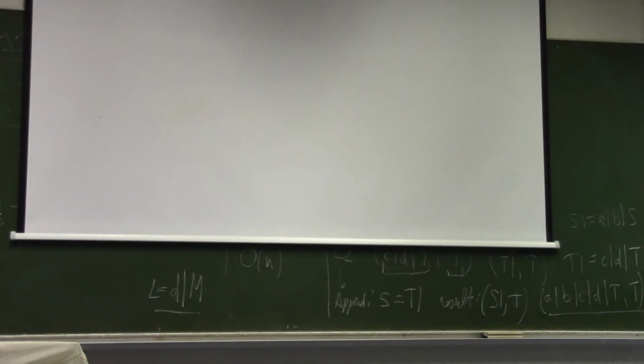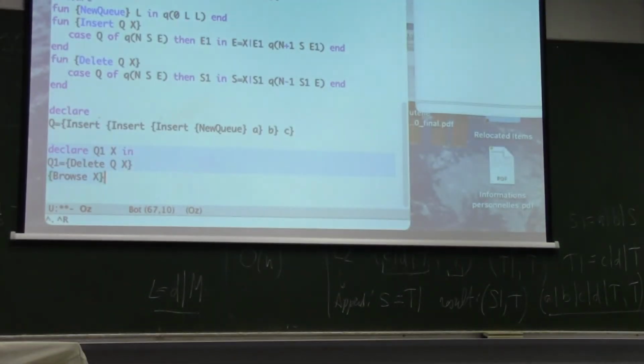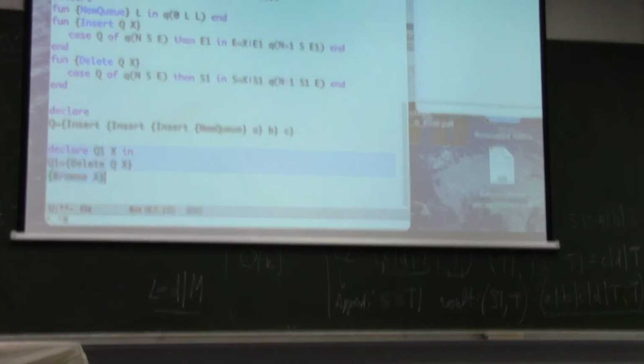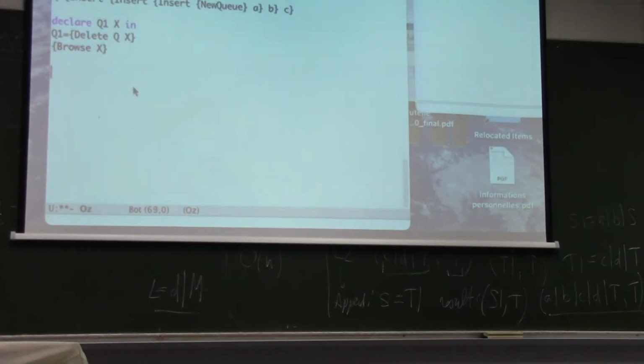Let me show you now an example. So the point is, with difference list, you can do constant time ephemeral append. So let me show an example of how useful it is.